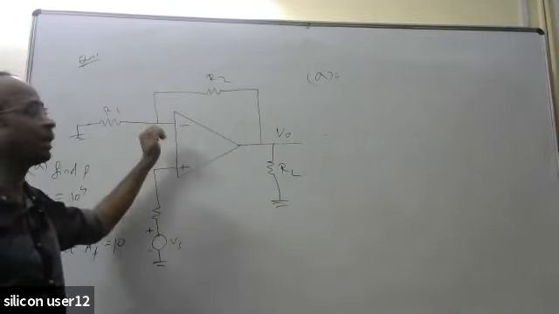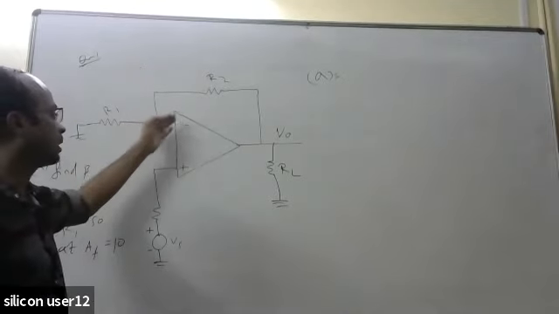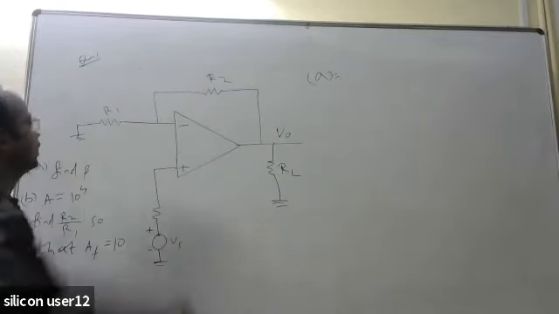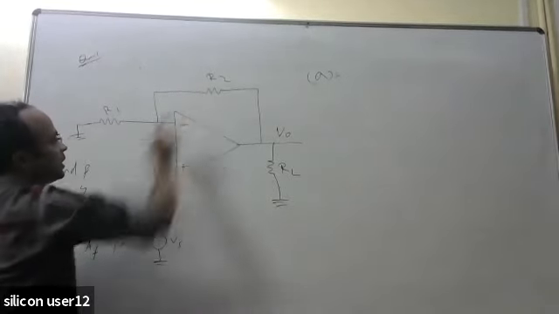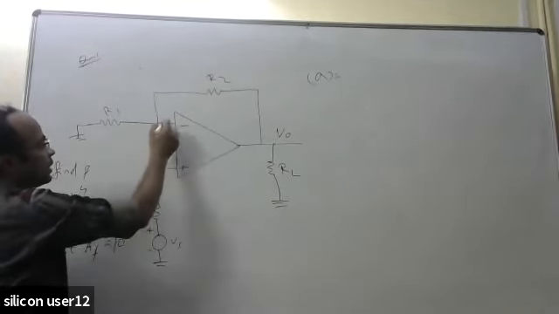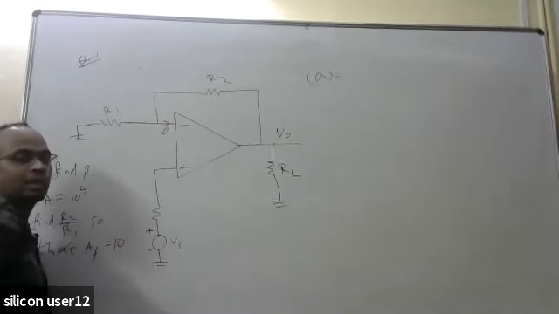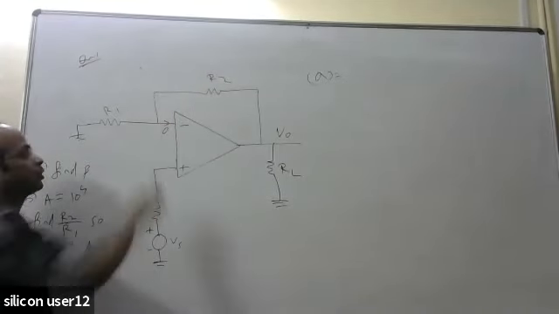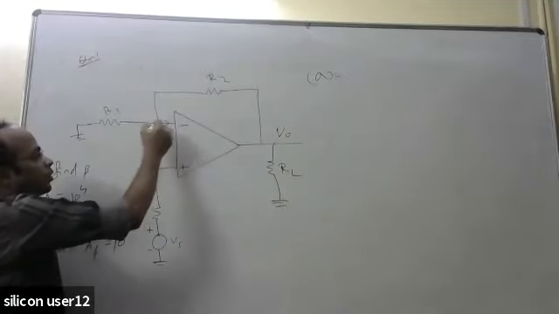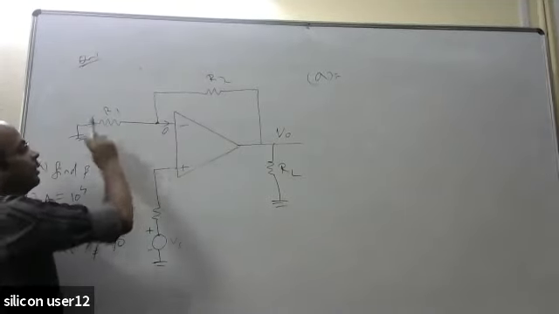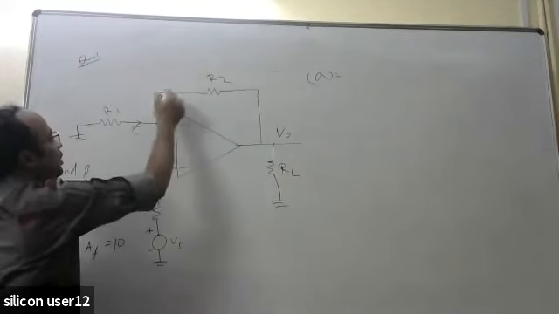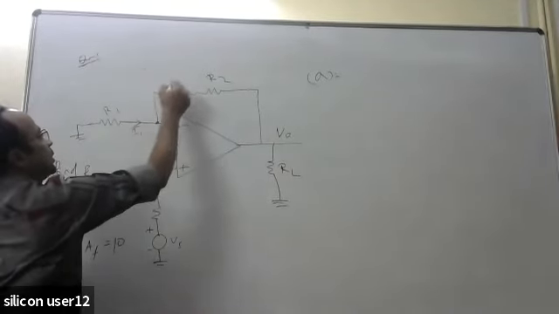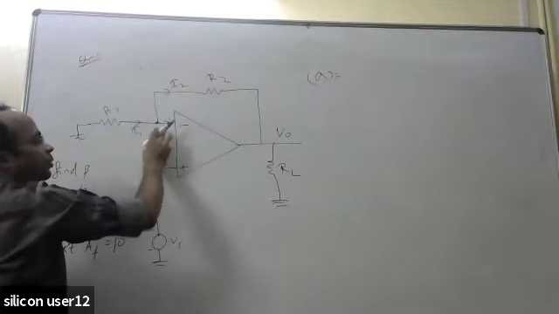You know that this current will be equal to 0 because the op amp has a high input impedance, so no current can flow in this path. So I1 equals I2 and this current is 0.